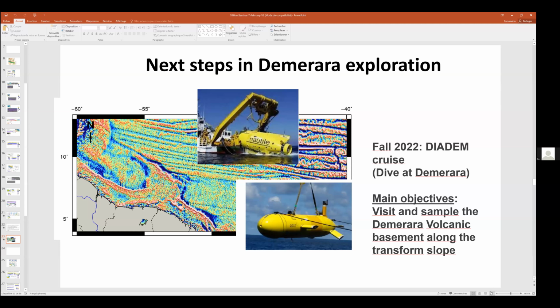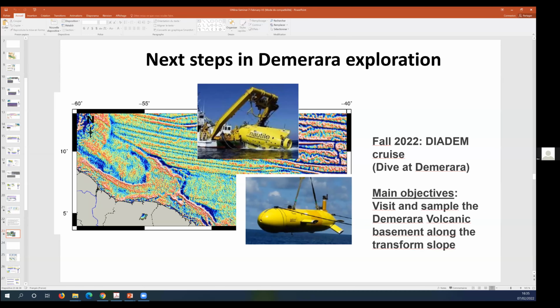Do we have that reflection on both sides of the margin? And also the marginal ridge formation, is there evidence of a marginal ridge on the Demerara and the Guinea conjugate margin?